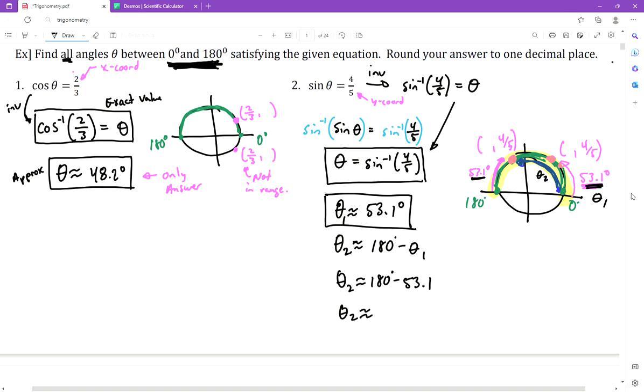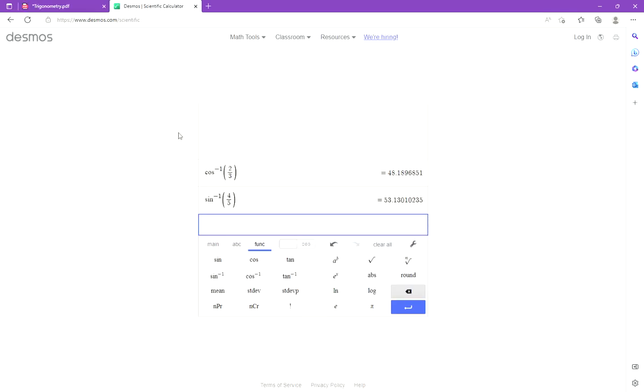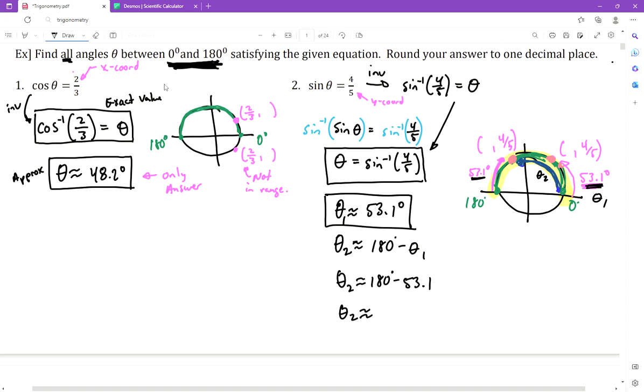Let's not embarrass myself with bad mental math. So 180 minus 53.1 is 126.9. There we go. So these are the two answers with our decimal approximation.